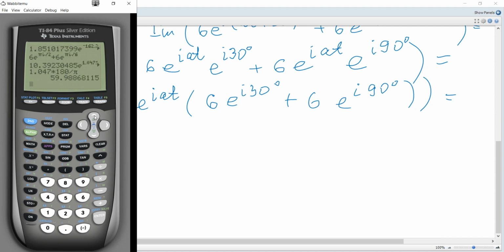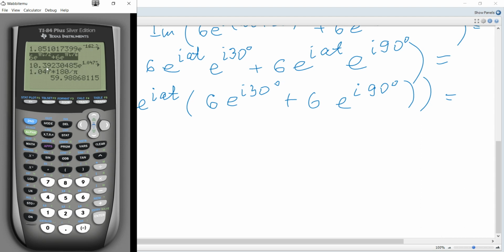Then just enter 6 multiplied by e to the power of i 90 degrees, or pi over 2 i in radians, plus 6 e to the power of i 30 degrees, or pi over 6 i in radians, and just enter, and we get the answer.